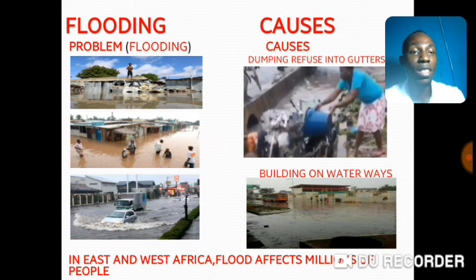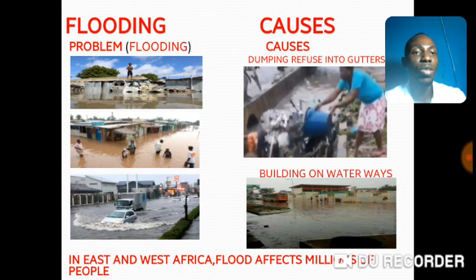When this happens, it becomes very difficult for water to have a free flow whenever it rains heavily. And so, for that matter, the gutters overflow and then find their way to our homes in wrong places, flooding the whole community. This endangers both life and properties.